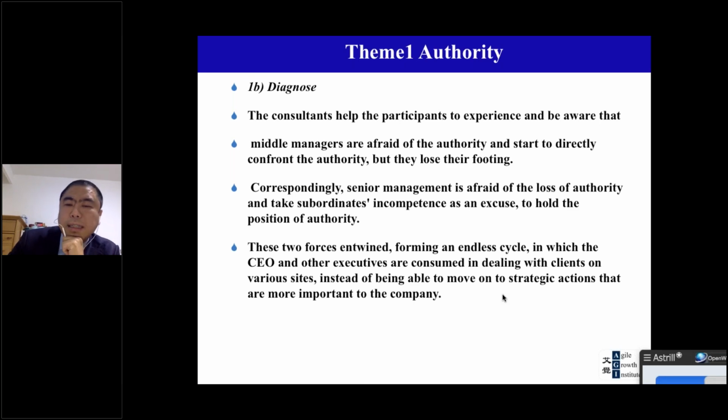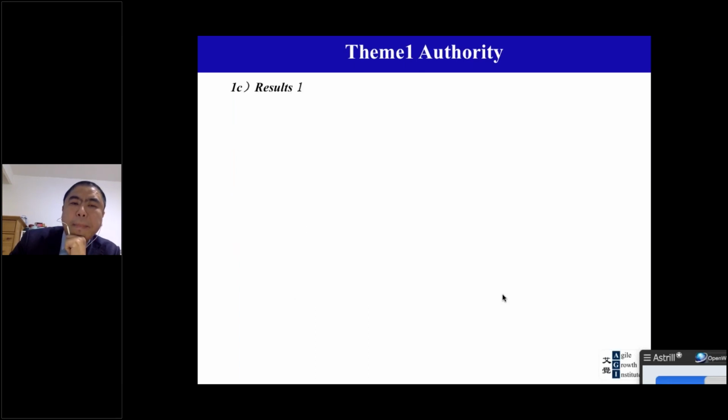These two forces entwined, forming an endless cycle in which the CEO and other executives are consumed in dealing with clients on various sites, instead of being able to move on to strategic actions that are more important to the company.